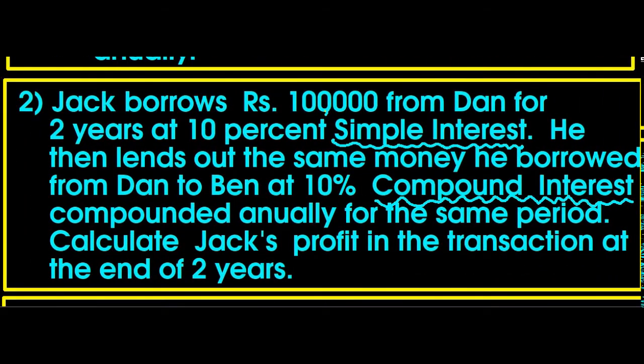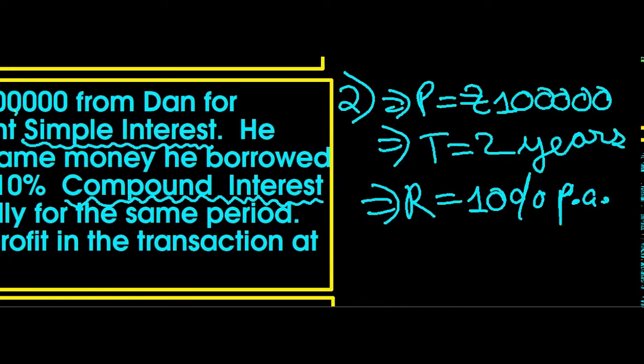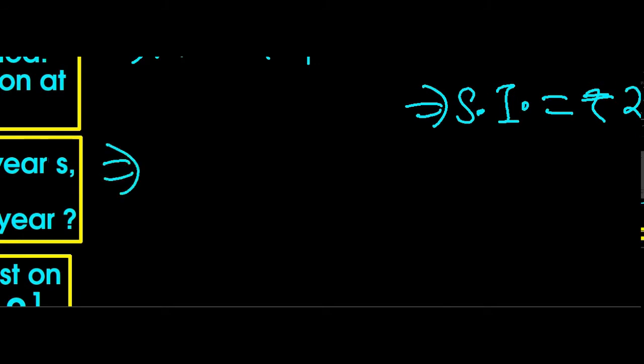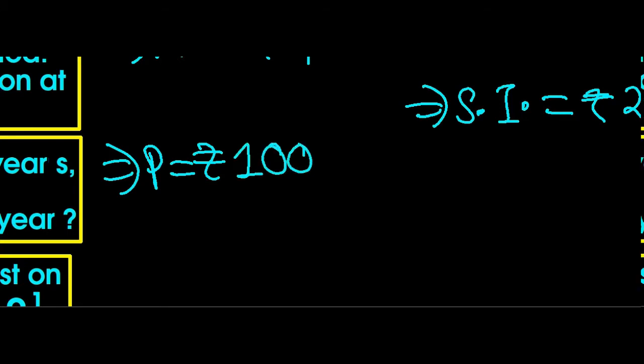Okay friends. So now Jack lends the same money he borrowed from Dan to Ben at 10% compound interest compounded annually for the same period. The same period is 2 years. So calculate Jack's transaction at the end of 2 years. So P, or the principal, is equal to 1 lakh.